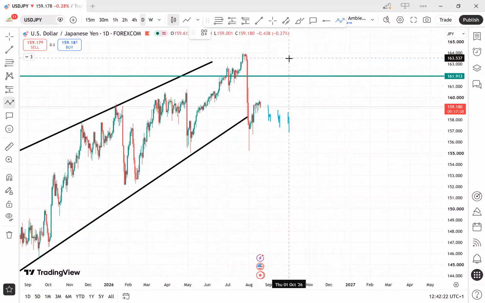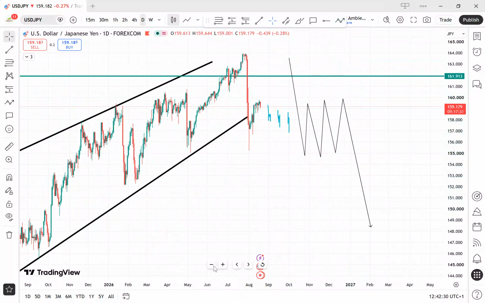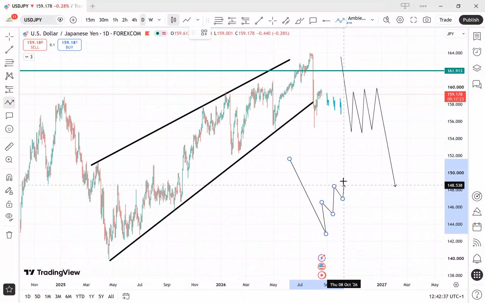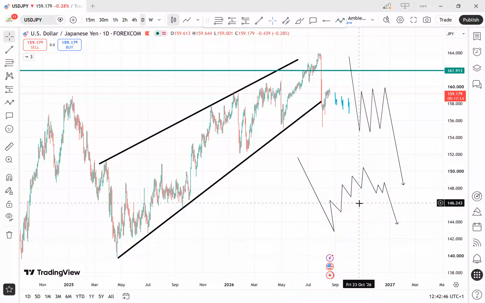So I am expecting a continuation structure like this for the price to continue lower, or a continuation structure like this. Either of the two is fine with me.